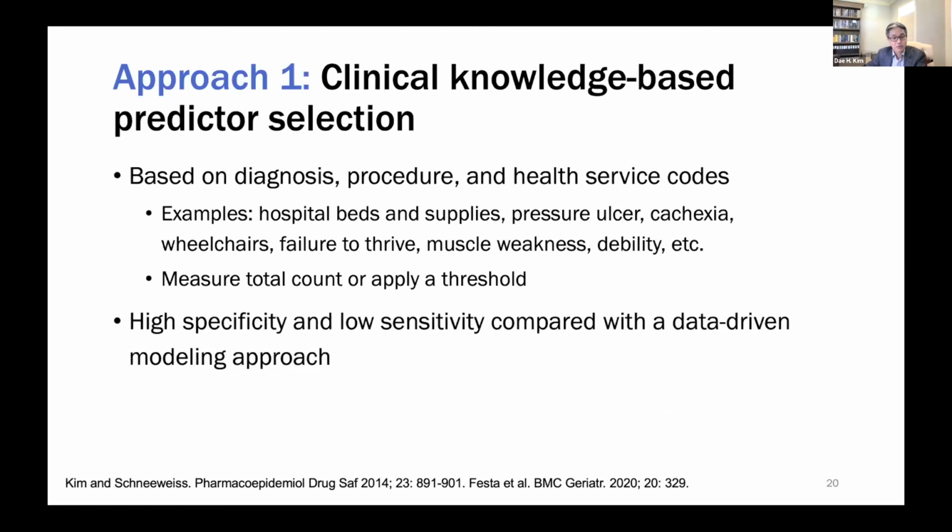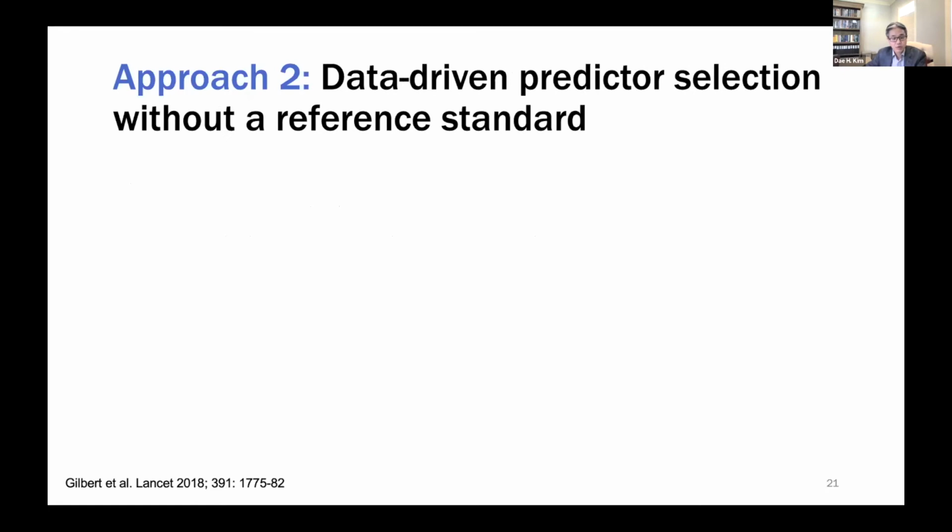In general, this approach has high specificity and low sensitivity compared with the data-driven modeling approach that I will review on the next slides. The second approach is a data-driven predictor selection in the absence of a reference standard frailty measure.